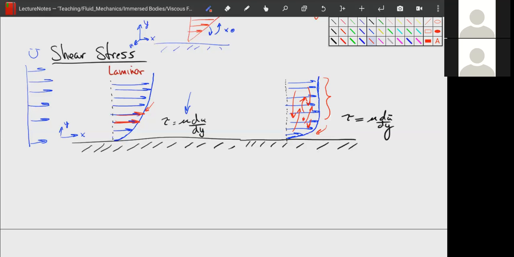We also have rotational flow, viscous dissipation due to these eddies and vortices that dissipate the energy. And so this tau is no longer equal to mu d average velocity dy, right? You'd think it would be, but it's not equal to the gradient of the average velocity with respect to y.